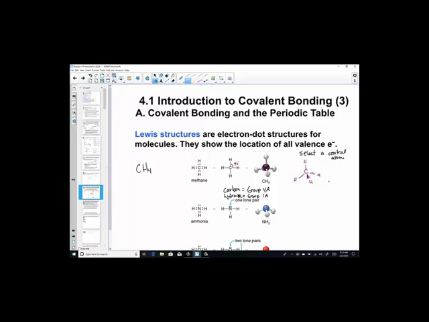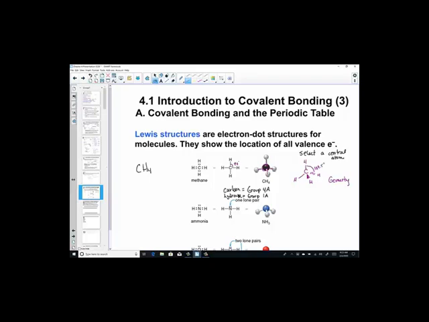Think of that as a piece of paper, if you will. That's going to be the representation of the true molecular geometry of this particular molecule when we get that far. The bond angles, we'll learn, are actually 109.5 degrees in a tetrahedral shape.